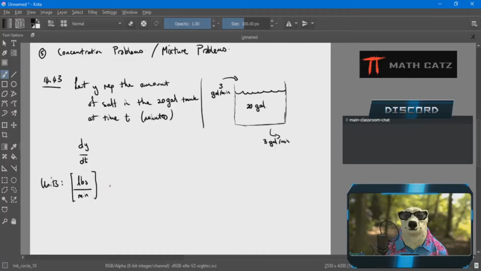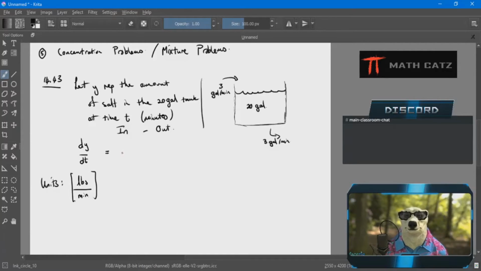So now I have to make sure that the way I set it up, I preserve this pounds per minute unit throughout. And that's a way for me to check if I've done it correctly. So first of all, it's going to be salt coming in minus salt going out. Some salt's coming in, some salt's going out, but different amounts.